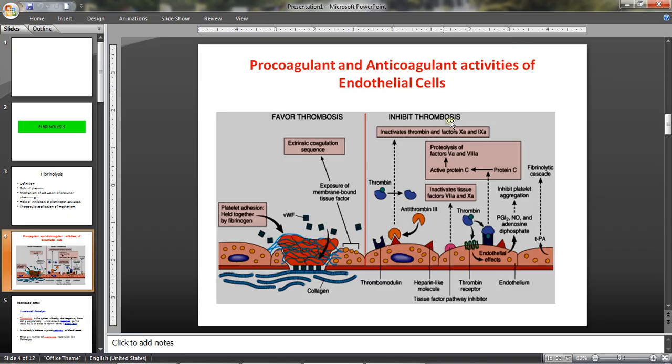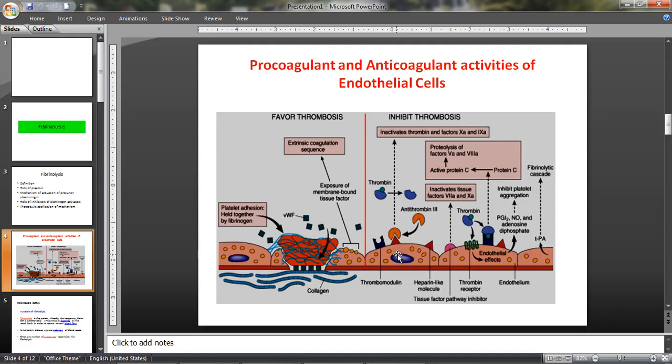Now, if you see over here in this diagram, this is the endothelial lining of the vascular system. On this side, these are the factors which inhibit thrombosis. One of the compounds is antithrombin 3, which binds to the receptors on the endothelial cells.